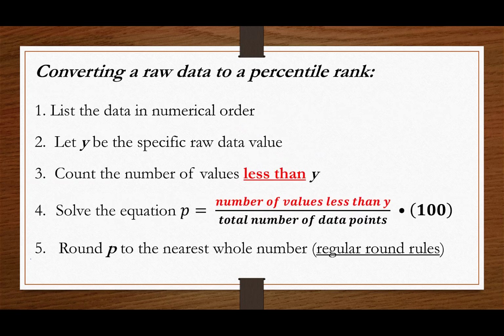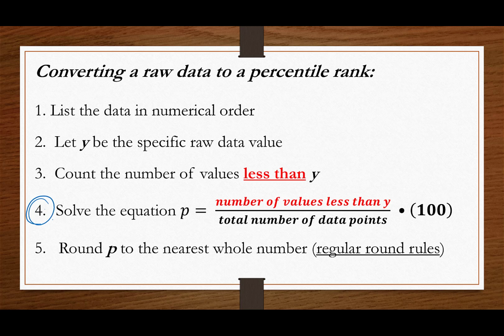Okay. This slide is steps that I wrote out for you to convert raw data to a percentile rank. We are going to be using this equation listed out to identify the percentage of that data: the number of values less than y over the total, times 100.